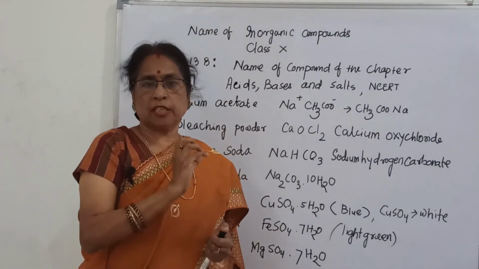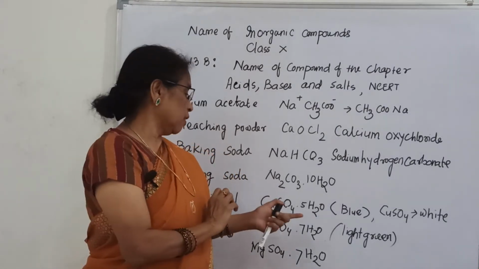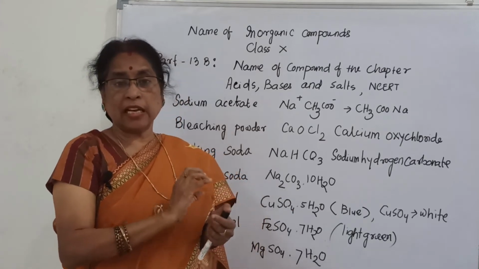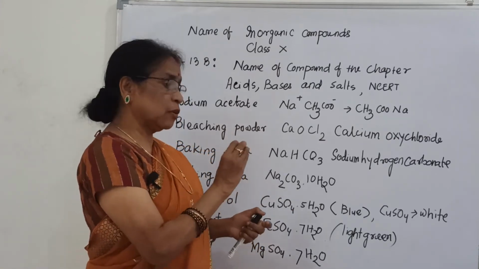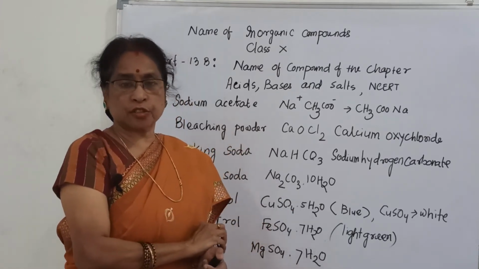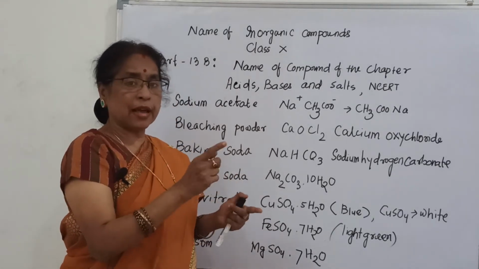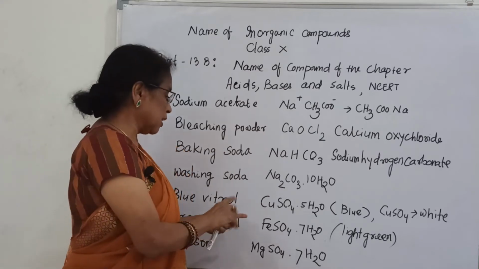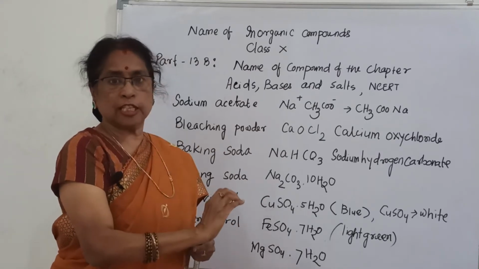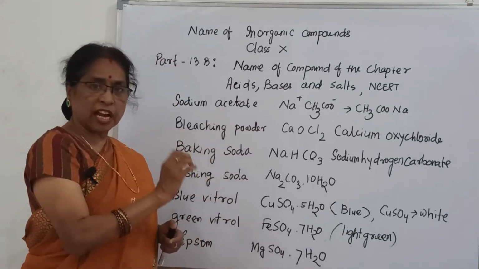The structure is very nice light green, having a good stone-shining structure. Again, green vitriol means FeSO4·7H2O, light green color, good crystallization, and it looks very shining.